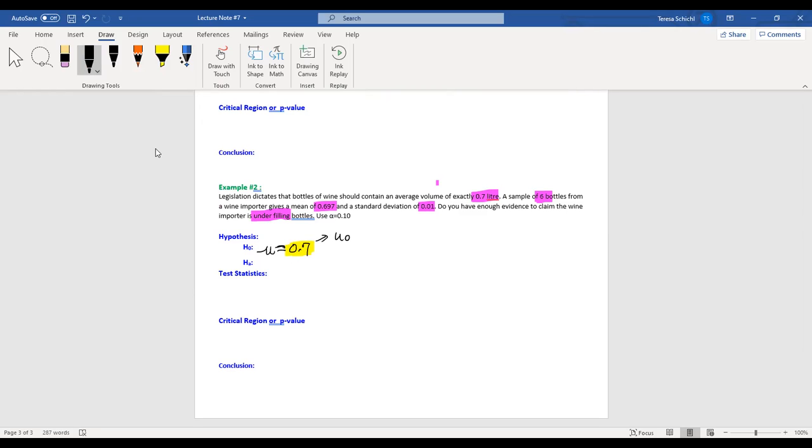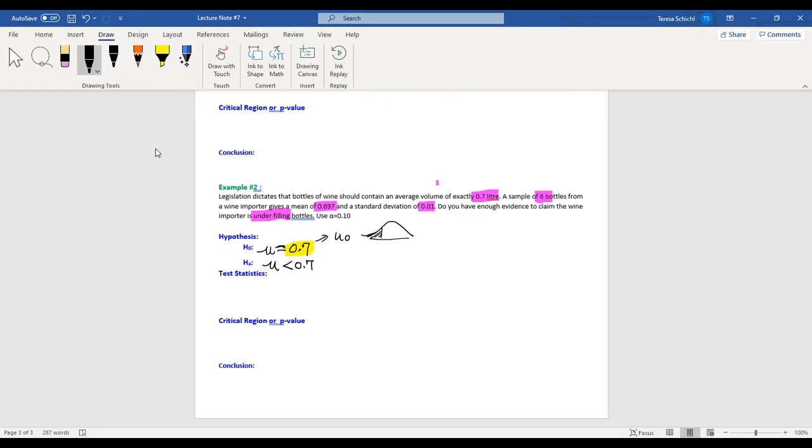And now I want to see if this wine importer is underfilling, so I'm testing mu less than 0.7. So this is a one-sided test, and this is my t distribution.